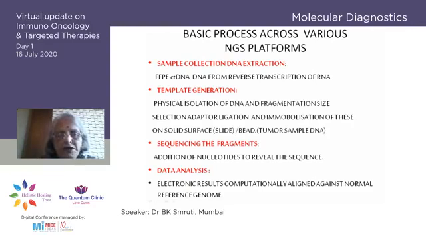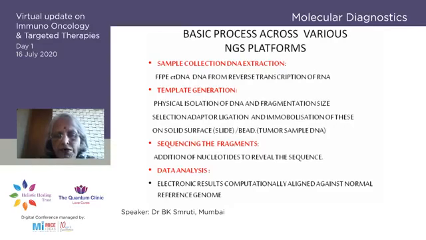Then you come to the template generation. So this DNA which has been extracted from a tumor is fragmented, and the fragment size really depends on which platform is being used. And then there is a ligation to the adapter, and then this ligated adapter, which is called the primer, along with the DNA fragments of the tumor, are then immobilized either on a solid surface or on beads.